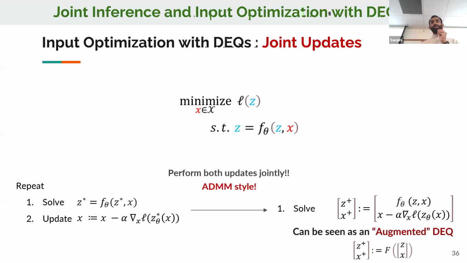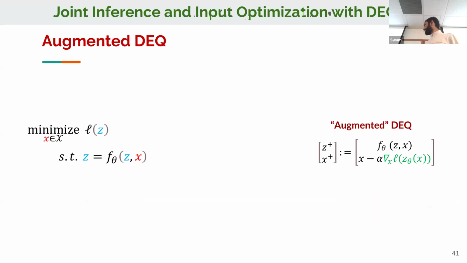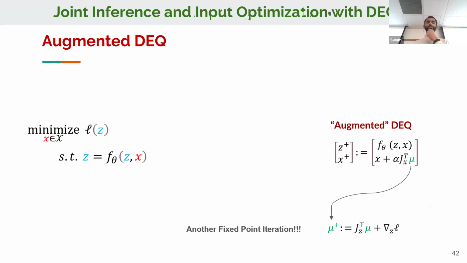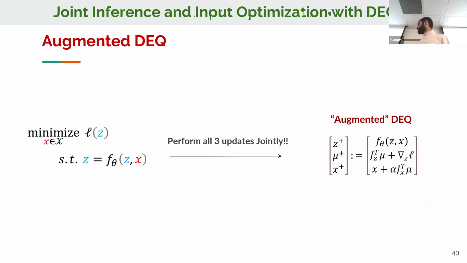There are certain nuances here which I skipped over, which is that the gradient operation here itself is somewhat complicated and involves a fixed point iteration to compute the gradient. And at this point, you might guess what I'm going to say here. Instead of solving this fixed point separately to compute the gradients, we can just plug that into our joint fixed point problem and compute those three fixed points jointly.